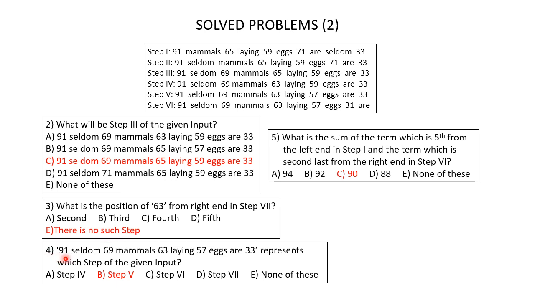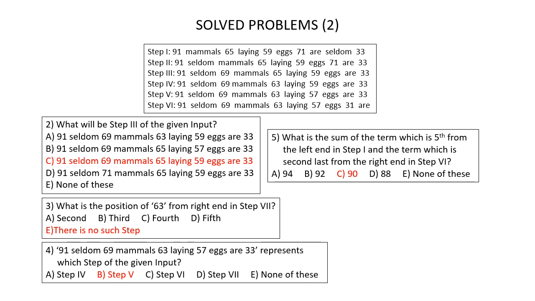Question number 4. 91 seldom, 69 mammals, 63 laying, 57 eggs, are 33 represents which step of the given input? Here you are given 5 options and you have to find out which of these options is the correct one.